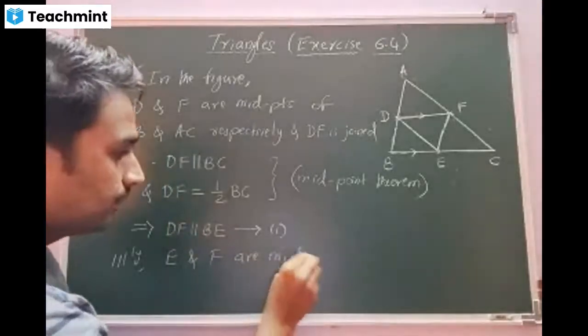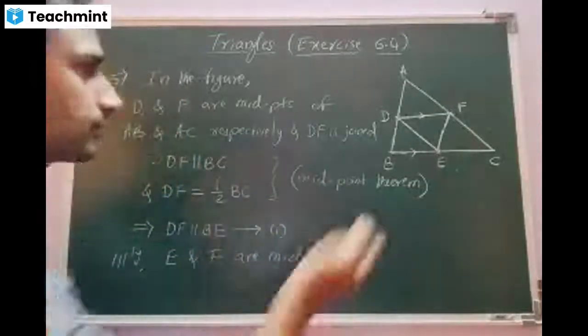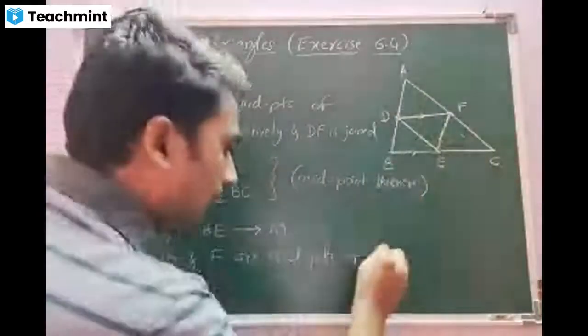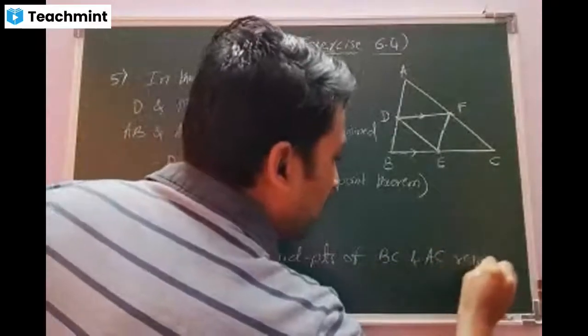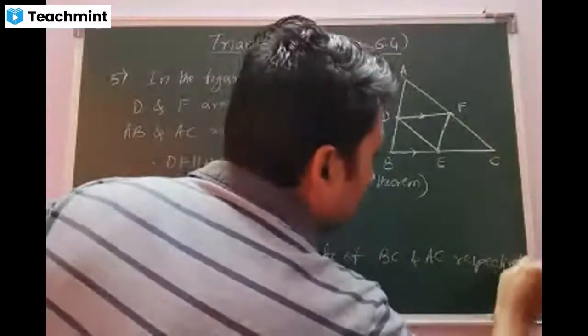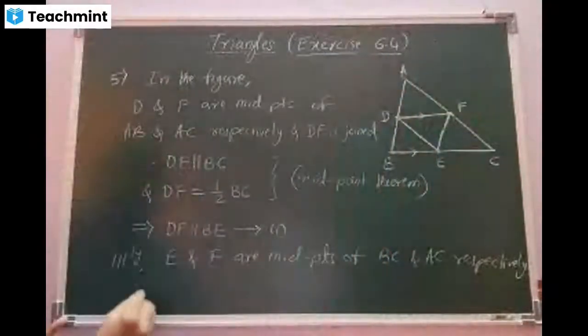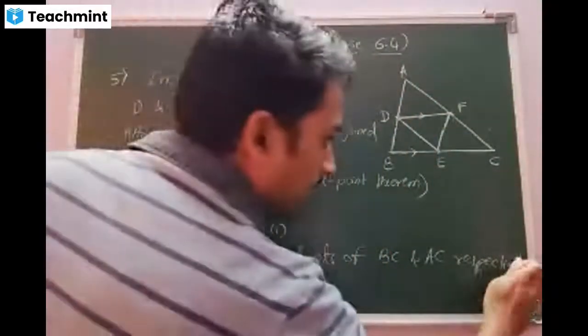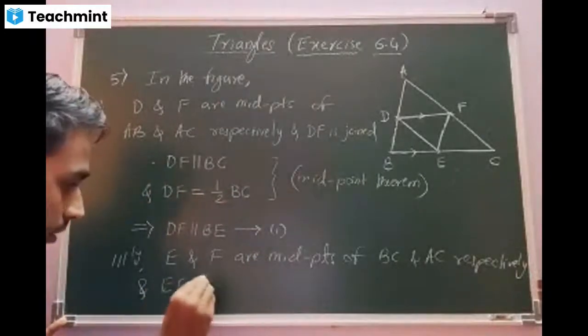Midpoints of BC and AC respectively. Am I right, beta? Yes, sir. Respectively. And EF is joined.